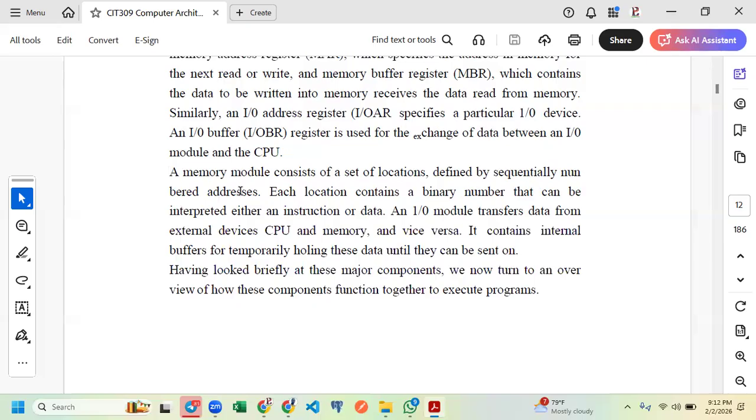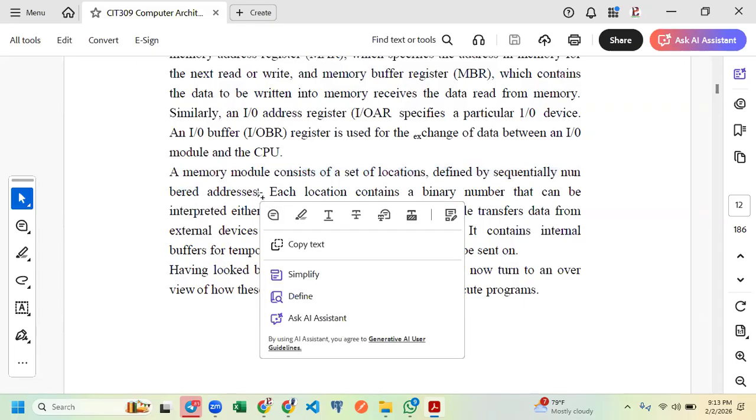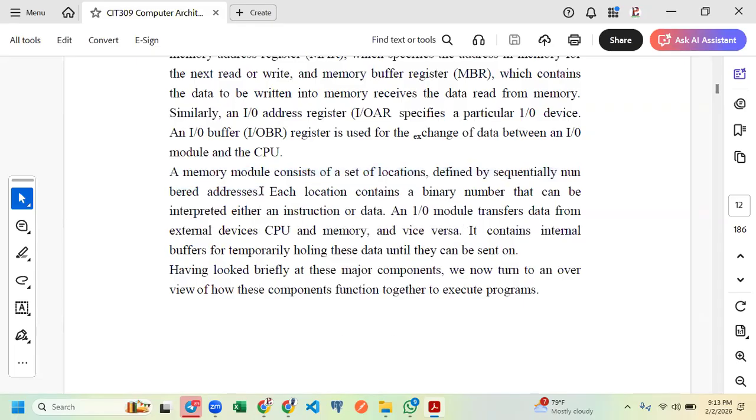When we say sequentially, that means the numbers of those addresses, if you start from 1, it continues like that. It's not that this one will be 1, that one will be 10, then the next one will be 2. No, it's arranged sequentially. So each location contains a binary number that can be interpreted either as an instruction or data.